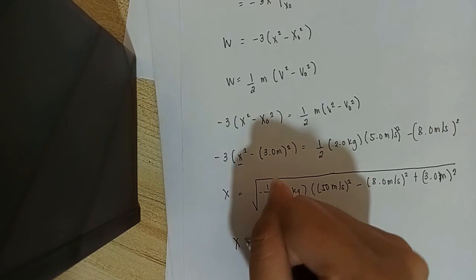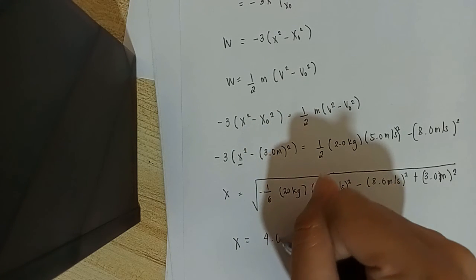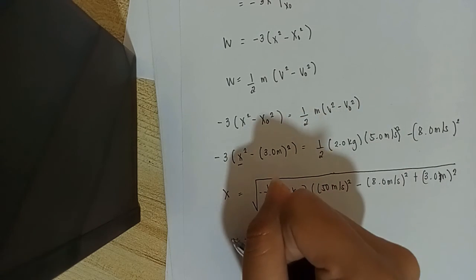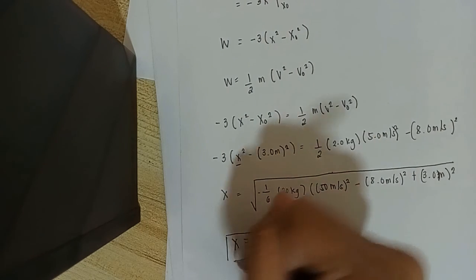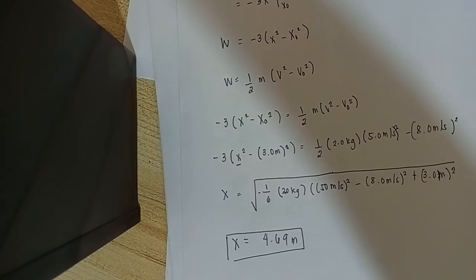So our x would be 4.69 meter. That would be our positive value of x, whereas its velocity will be 5.0 meter per second.